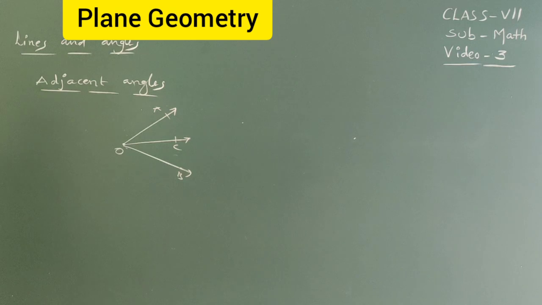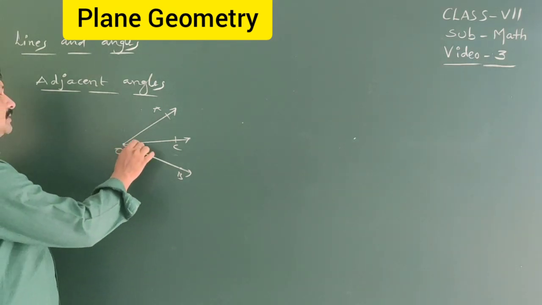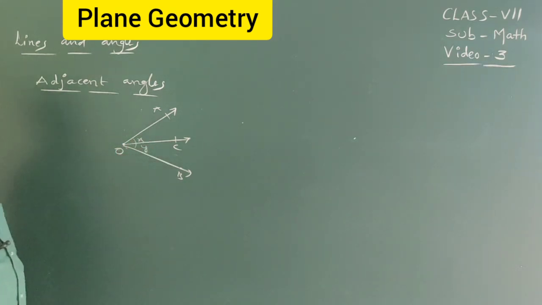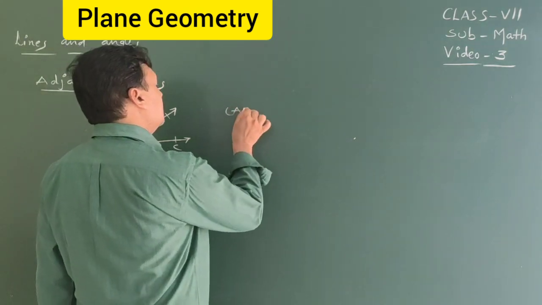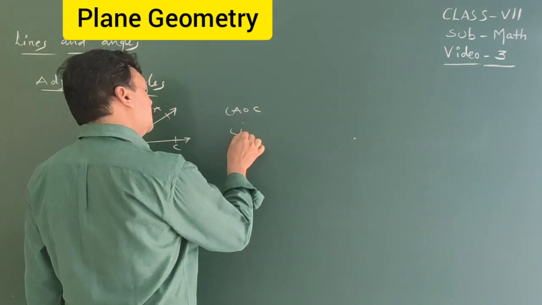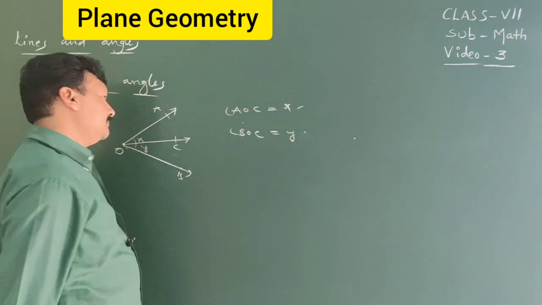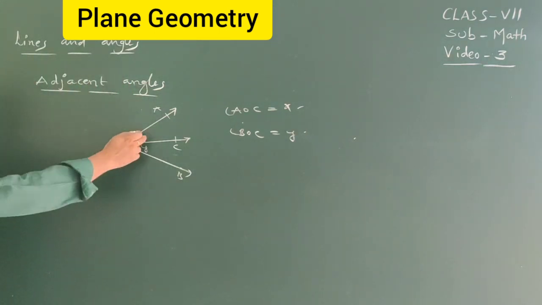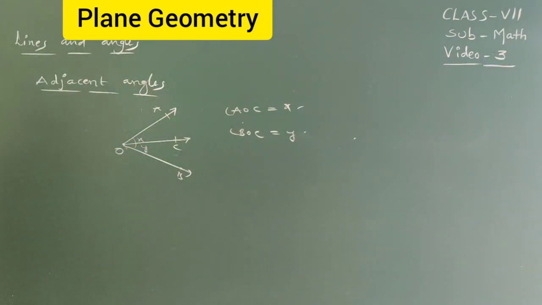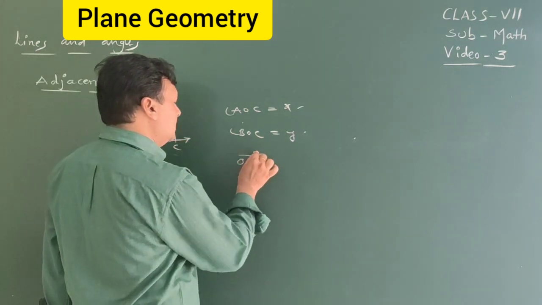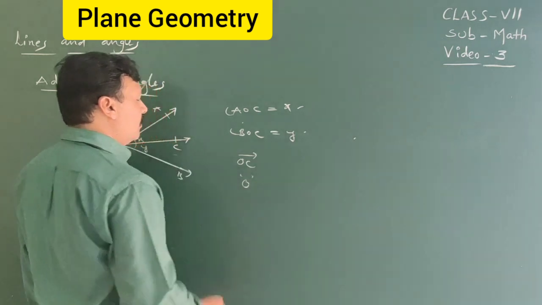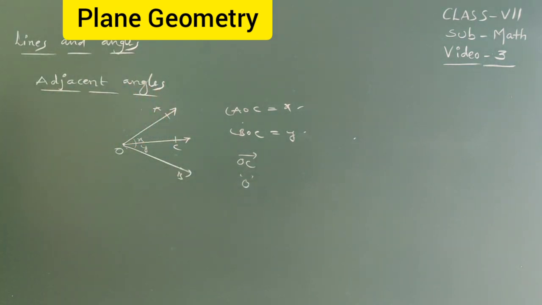You can say that these two are adjacent angles. Here x and y are called adjacent. X is angle AOC and y is angle BOC. Angles x and y are called adjacent because they have a common arm OC and a common vertex O. That's why you can read it as adjacent angles.